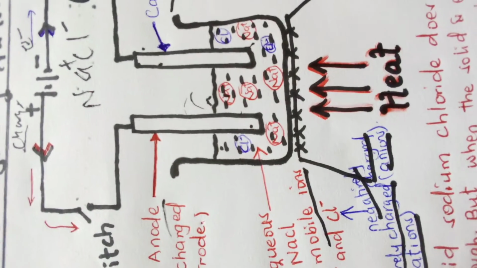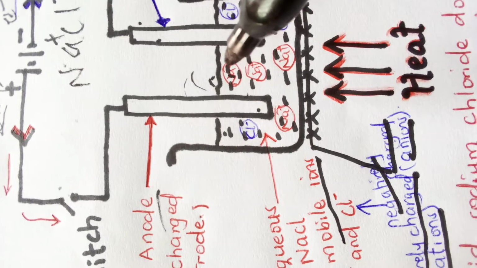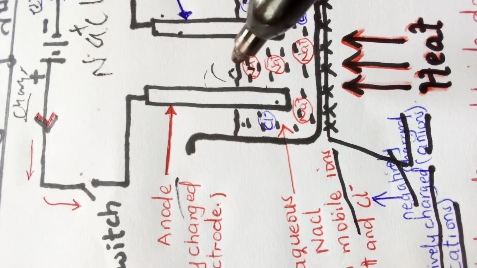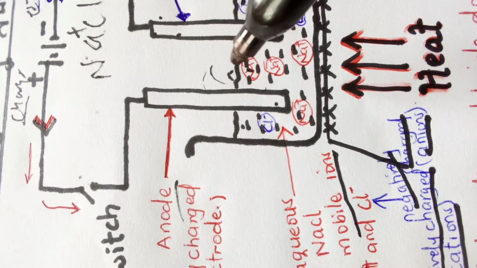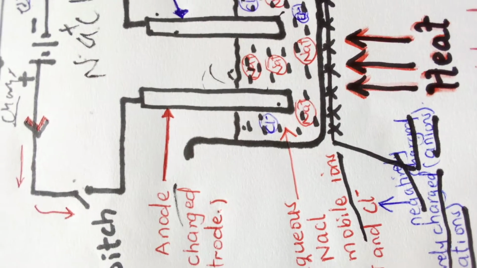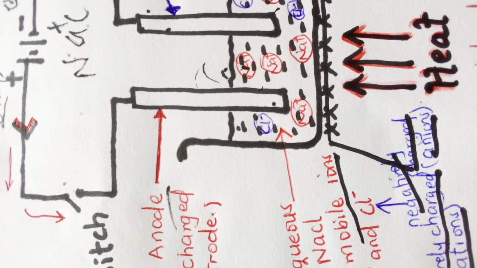When sodium chloride is decomposed, we have the positive ions, that is sodium ions. According to the law of electrolysis, like charges repel while unlike charges attract.